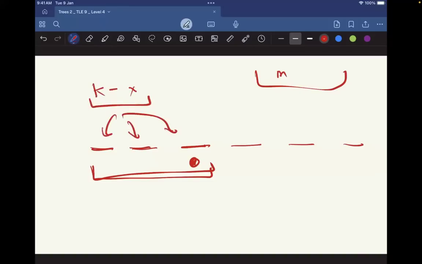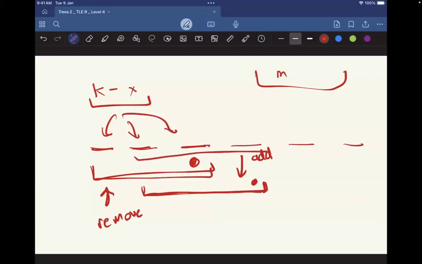All right. Very simple. Now, I want to slide this window. So I will add this element, and I will remove this element. And once I do that, I know the multiset for this window. I can store the max. Let's say the max is Y. So the answer for this range is now again K minus Y. So for all the sliding windows, I can store the answer and then I can answer each query in O of 1.